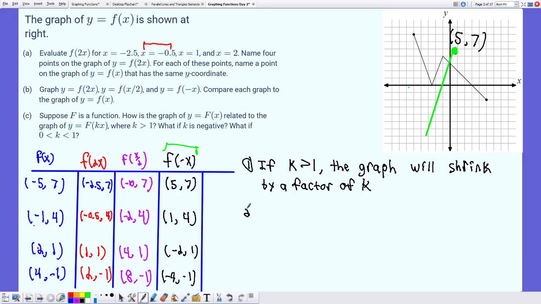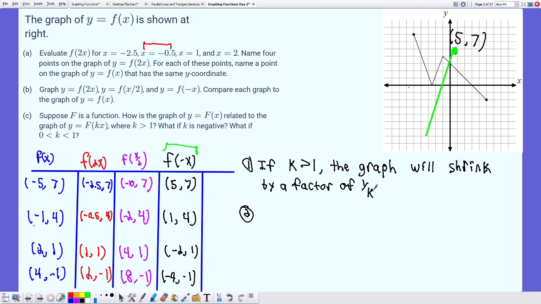That's the first thing we know. Because again, 2 is certainly greater than 1, and look at our x values. They're all shrinking by that factor of 2. Or being halved, I should say. I should really say by a factor of, if I'm going to be nice and proper, 1 over k.